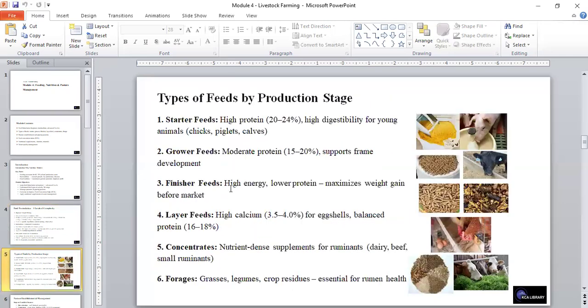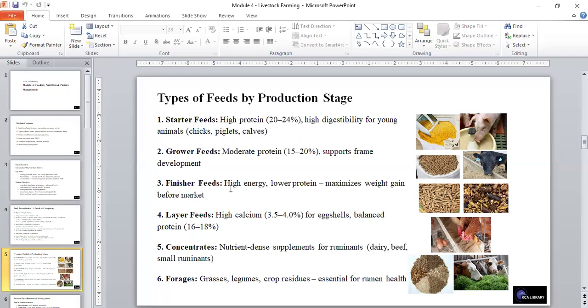Types of feed by production stage. There's the starter feed used for the younger ones, the grower feed, and the finisher feed. There is layers feed, there's concentrate, there's forage. Starter feeds are usually high in protein and high digestibility. Grower feed has moderate protein and supports frame development.